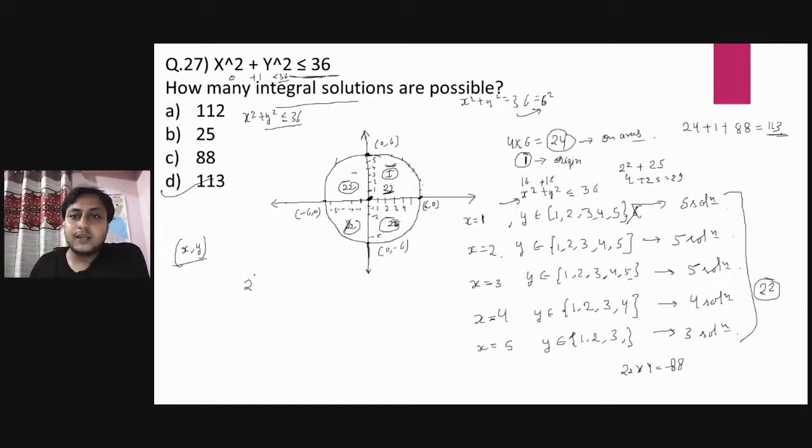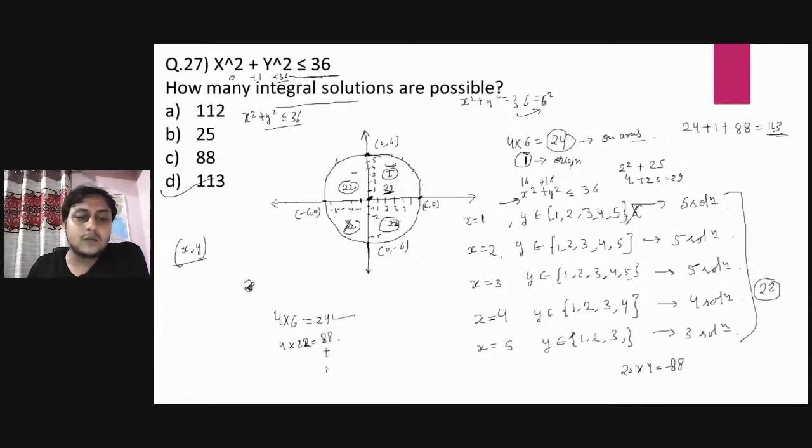The conclusion of the story here is basically the number of solutions. 4 into 6 means 6 solutions on this axis, means 4 axes. Basically in terms of positive and negative, there are only two axes, okay. So 4 into 6 is 24. Similarly, 22 solutions in the first quadrant inside the boundary, there are 4 quadrants, means 4 into 22 is 88 solutions, plus 1.